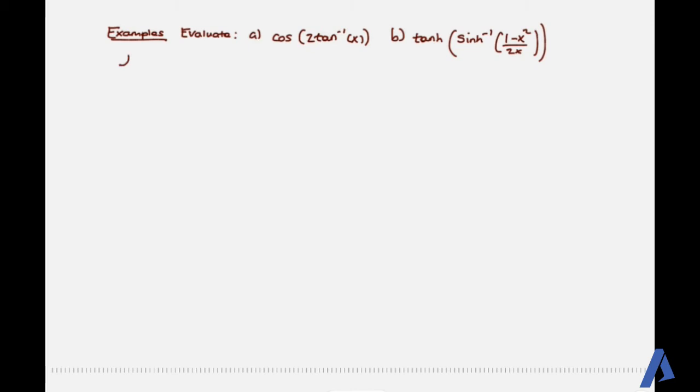ስለዚህ let a solution, let y is equal to 2 tan inverse of x. ስለዚህ tan inverse of x is equal to y over 2.